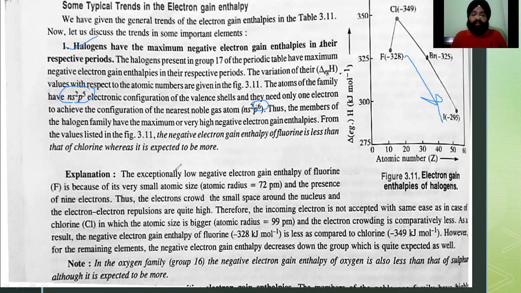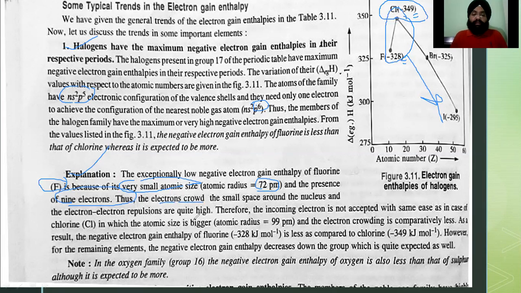Here is an exception in the case of fluorine and chlorine electron gain enthalpy. According to the trend, fluorine should have the maximum negative electron gain enthalpy, but actually chlorine has. The explanation is the extraordinarily small size of the fluorine atom, which is 72 picometer, and it has 9 electrons in such a small size.